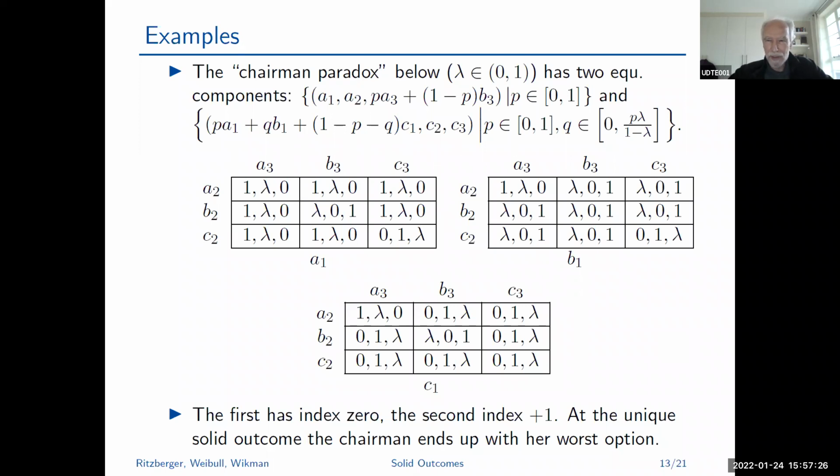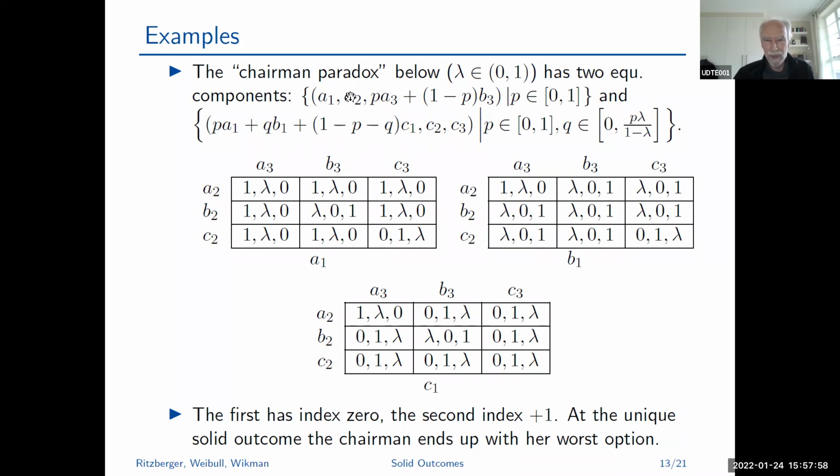Now this game has two equilibrium components. One ends up with the most preferred option for the chairman, right? Oh, I should say what the chairman is. The chairman is player 1 here, the one who chooses matrices. And the chairman has the right to decide which alternative is chosen at a tie. So if the votes tie, then the chairman basically gets his preferred option.